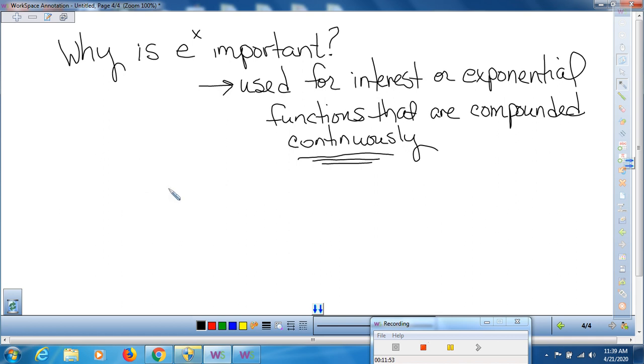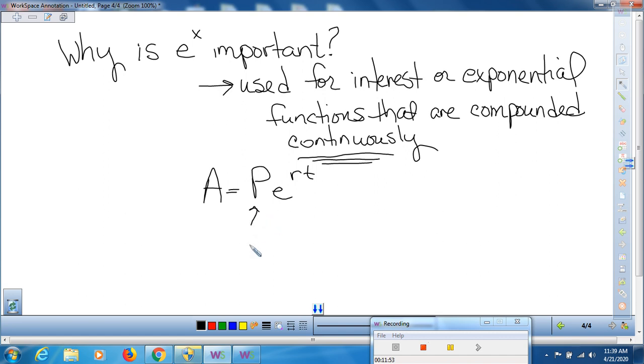Now, if we're talking about compound functions or compounded continuously, we use what we call PERT. A equals P e to the rt. Similar to what we did just the other day where we had compound interest, this one's compounded continuously, which means you're always building off of every single day.